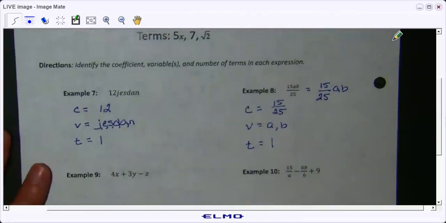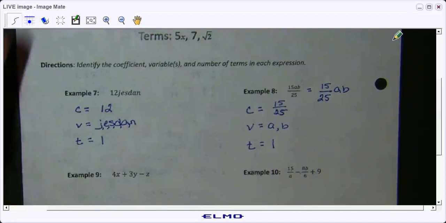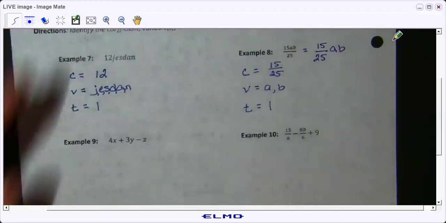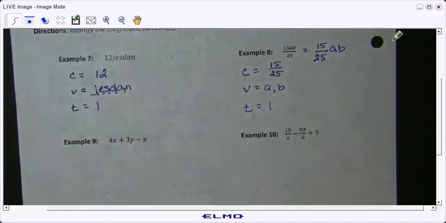Okay, so for example 9, does anyone want to come up to the board and try this one? Okay, awesome. You want to do the next one? Would you want to do this one, or you want to? Yeah. Okay. So you're gonna have a C, a B, and a T. All right, Austin.